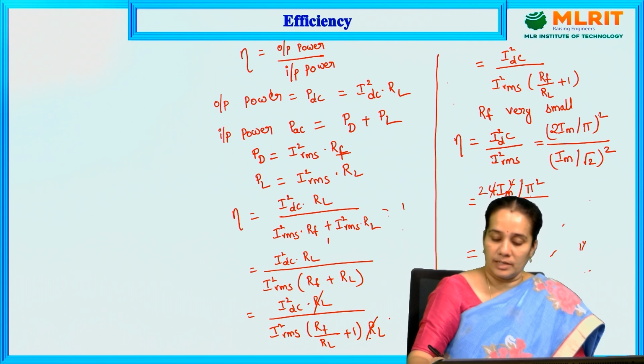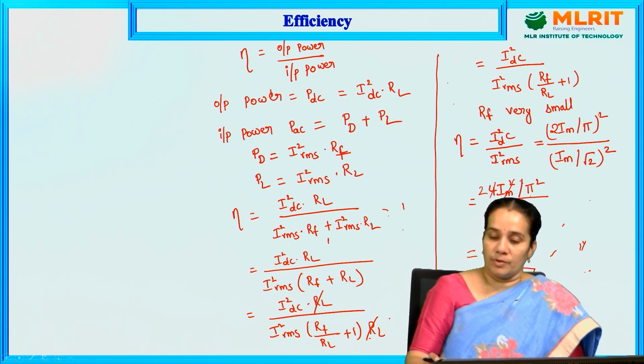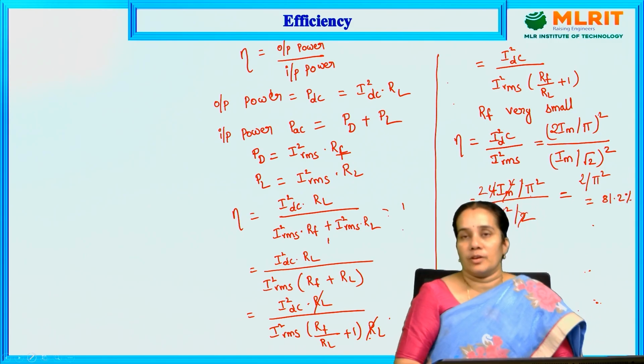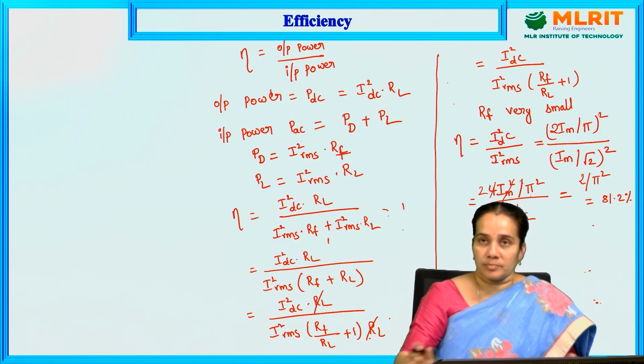If you calculate that value, the percentage of efficiency is equal to 81.2 percent. So the efficiency is equal to 81.2 percent.